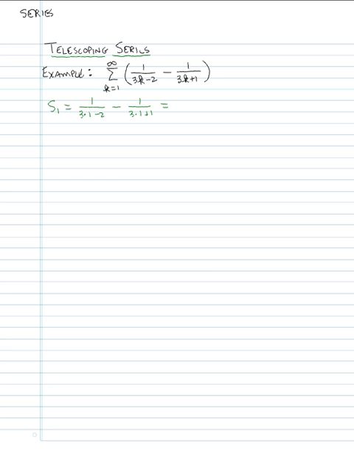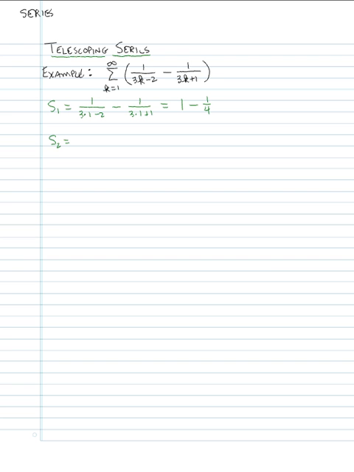In this case, 3 times 1, 3 minus 2 is 1. So we have 1 over 1, which is 1, minus 1 over 3 plus 1, 1 over 4. I'm going to leave it that way for now. Obviously we could say that's 3/4, but I want to leave it that way because next I want you to look at the second partial sum.